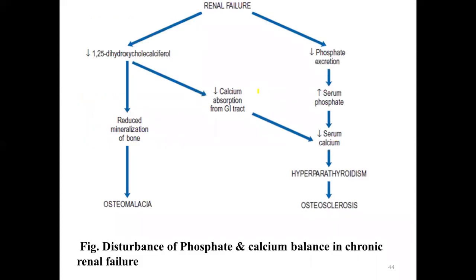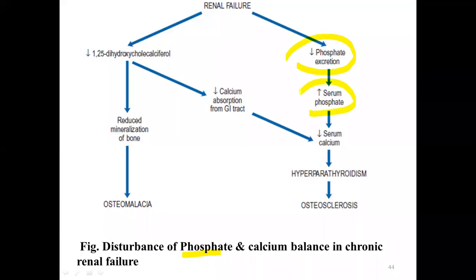So when you look at it, there is a possibility of disturbance of phosphate and calcium regulation in case of renal failure. Remember, at the beginning of the session, we discussed the physiological role of the kidney. The kidney is important to excrete phosphate, but when there is renal failure, phosphate excretion is reduced and the serum phosphate will be elevated.